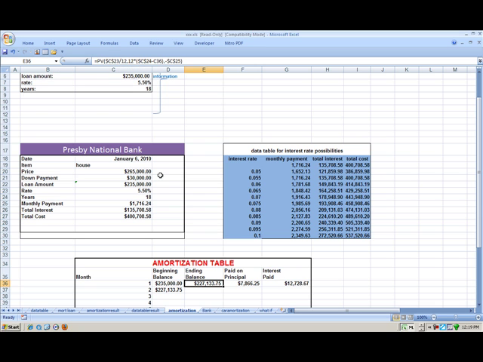In fact, why don't we just, for a moment, put in equals present value to see that. And the syntax is then present value, typically would be the monthly rate, the total number of payments, and the payment for each period.